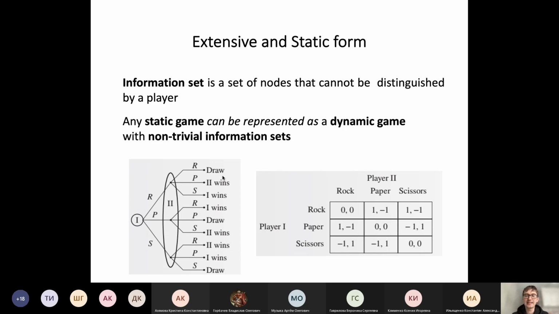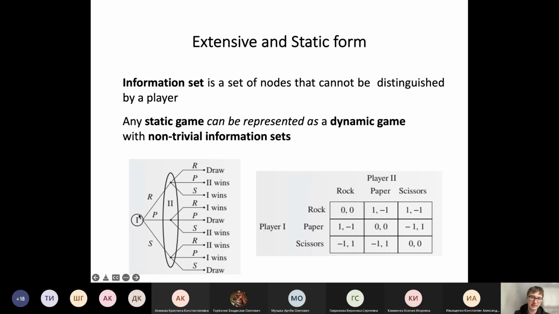If it's a dynamic game with perfect information, at least for one player, then that player will always win. But if both players have imperfect information, then this is how we can present it as a dynamic game.